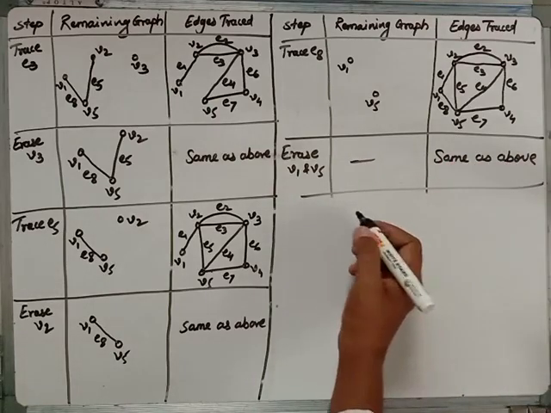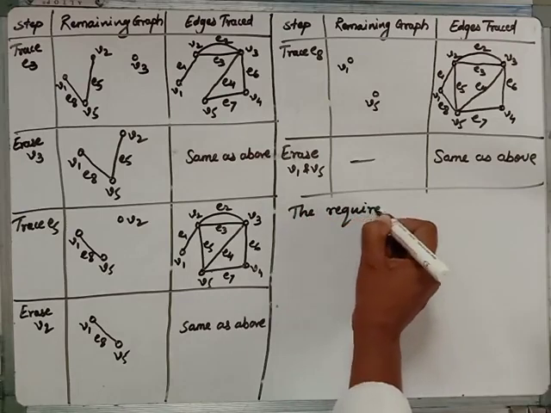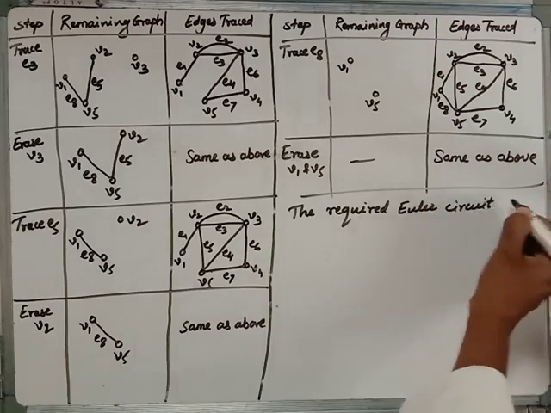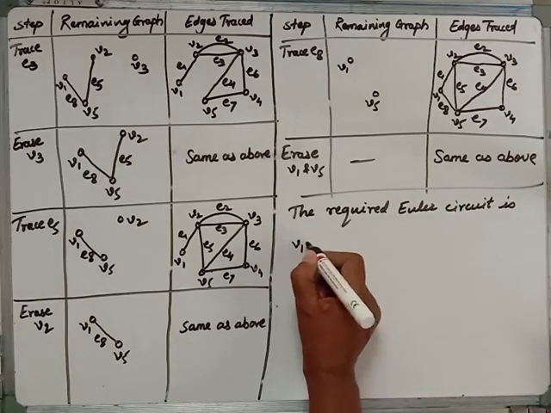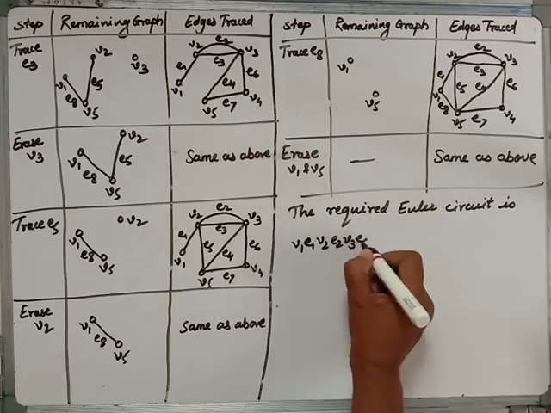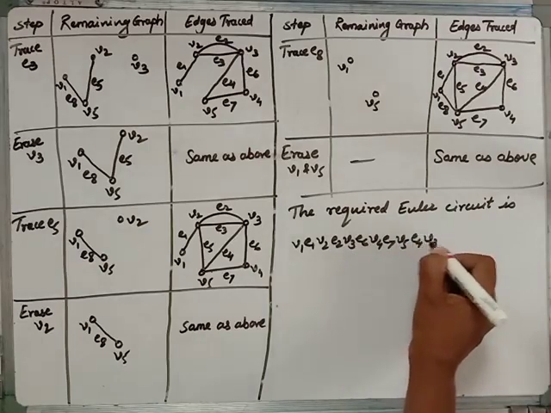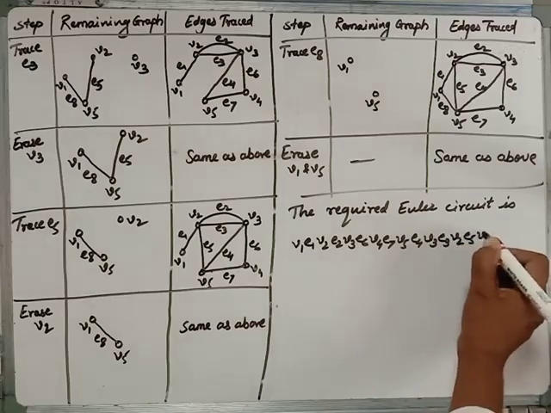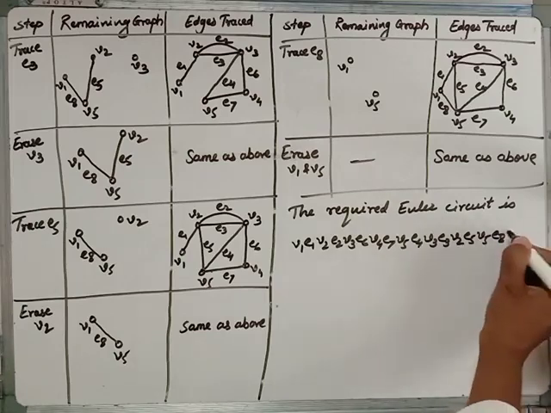Here our algorithm finishes. So the required Euler circuit is: we started at V1, then traced E1, then V2, E2, V3, E6, V4, E7, V5, E4, V3, E3, V2, E5, V5, E8, and then V1.